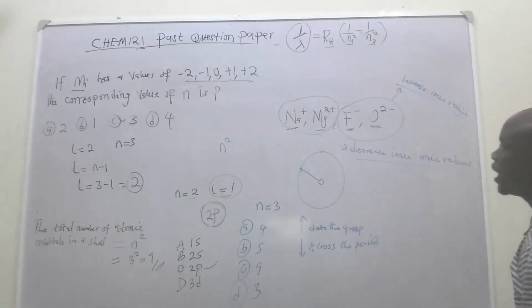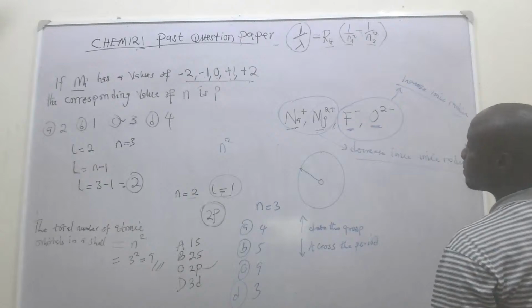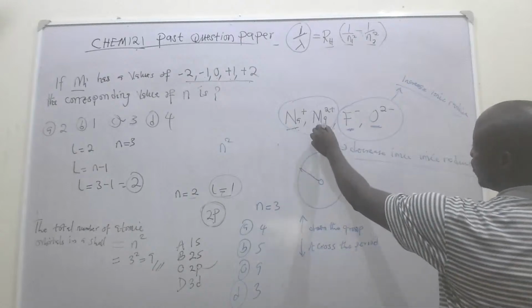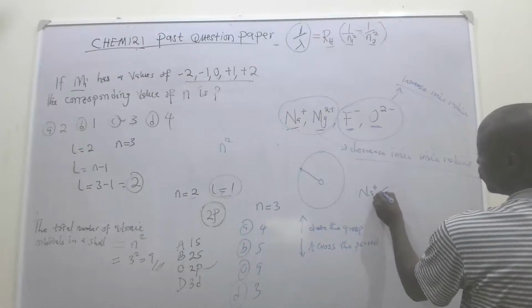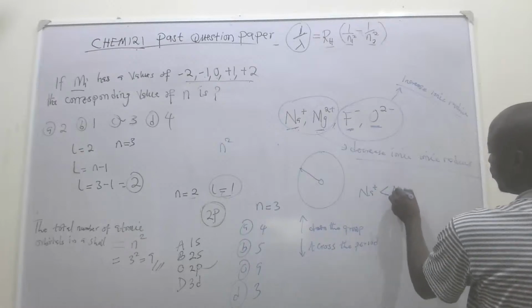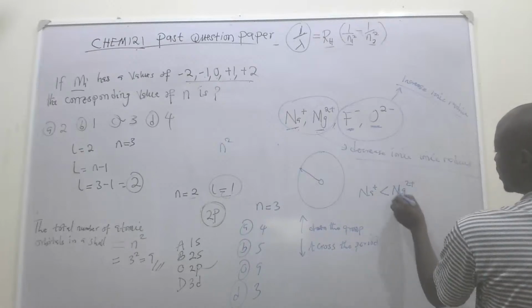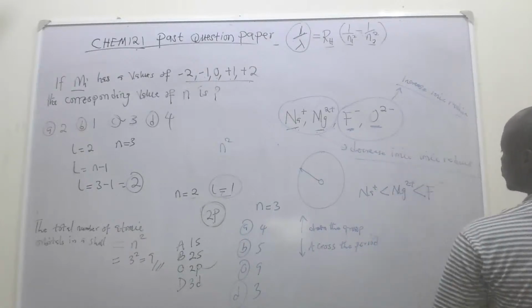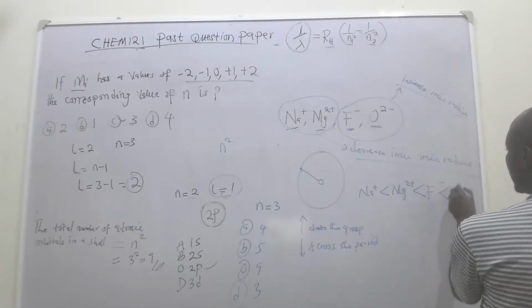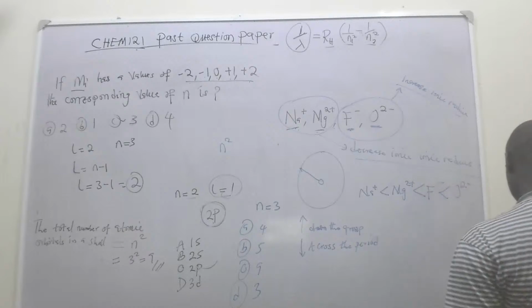So the ionic radius of sodium ion is lower than the ionic radius of magnesium, and the ionic radius of magnesium is lower than the ionic radius of fluoride ion, and is lower than the ionic radius of oxygen.